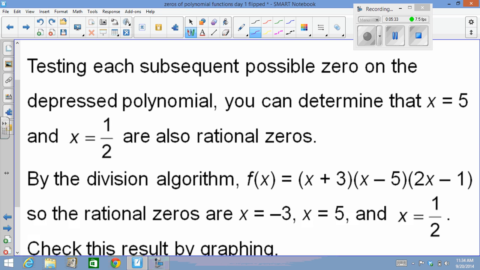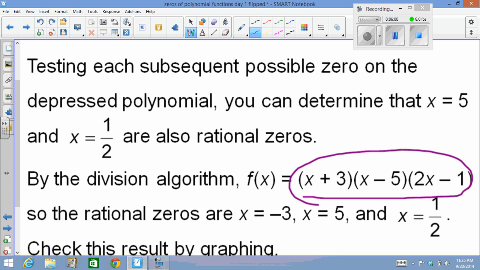Once I know that x plus 3 is a factor, I can take the depressed polynomial and factor it to find my other zeros. I think in the long run that's going to be better than always trying to factor it each time or check all of the different solutions, because plugging it in 16 times is a little bit cumbersome.